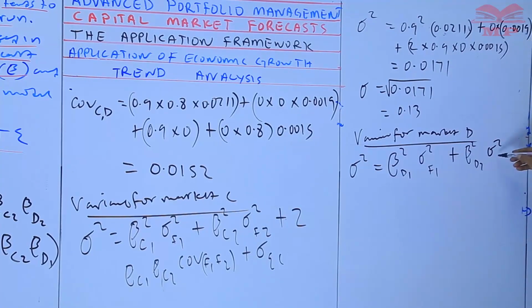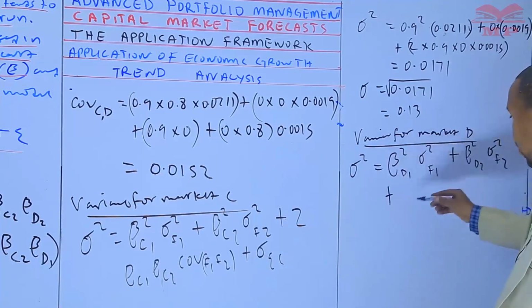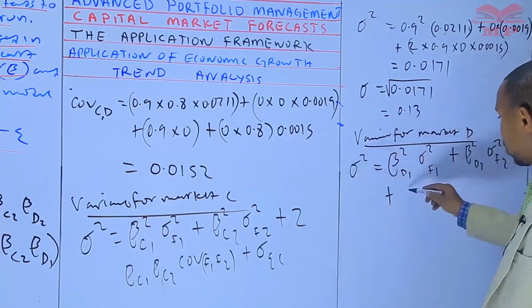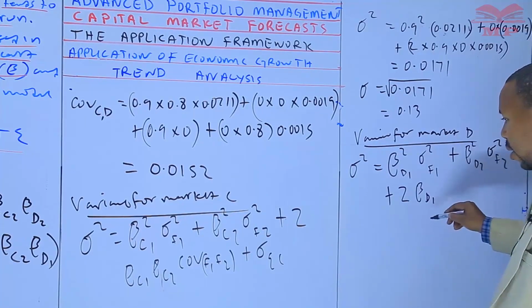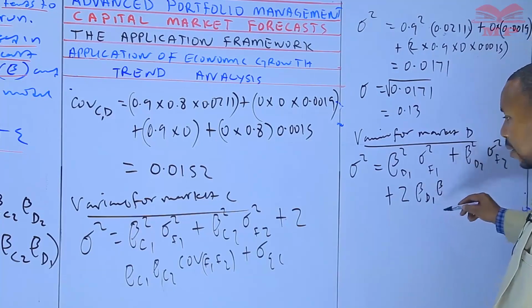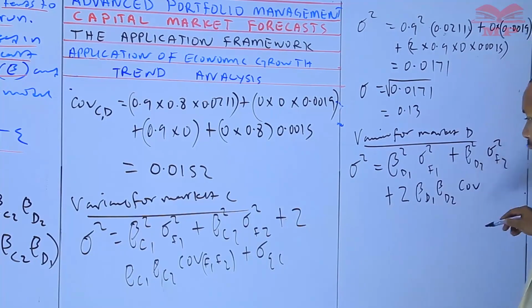And then plus the part that has the constant 2: 2 beta D1 beta D2 covariance F1, F2, plus the variance of the error term.